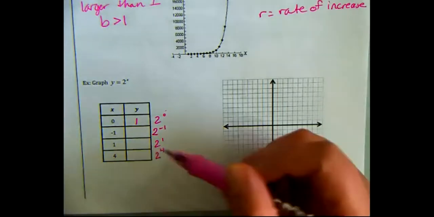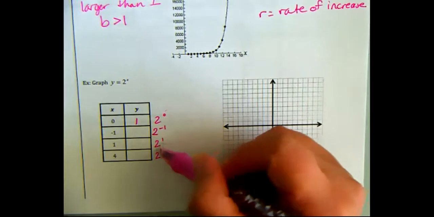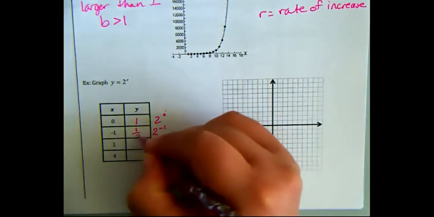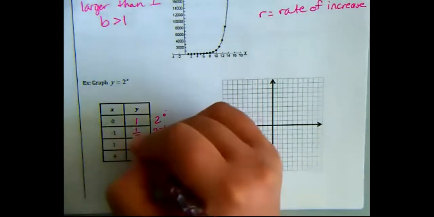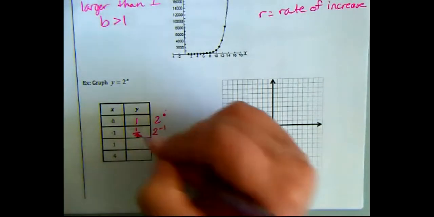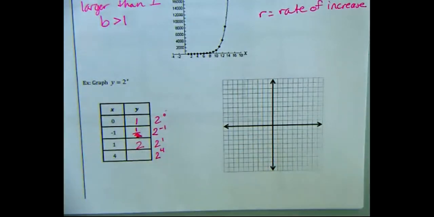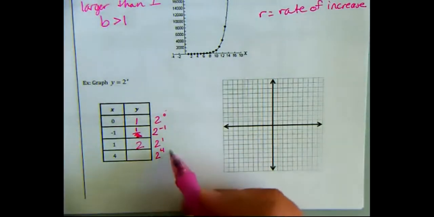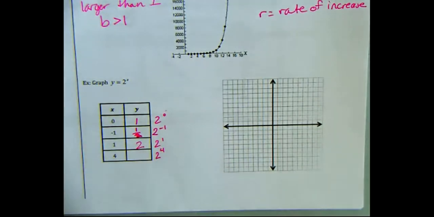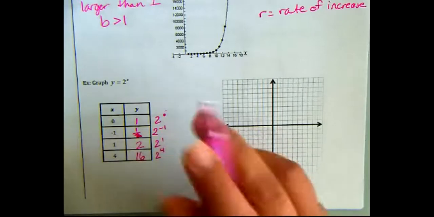It turns into the inverse. So 2 to the 1 power would be just 2, but 2 to the negative 1 is going to be 1 half. So it'll be the inverse of 2. And then 2 to the 4 power, that's 2 times 2 times 2 times 2, which is going to give us our 16.